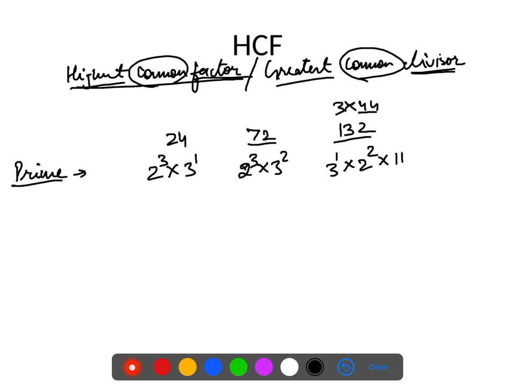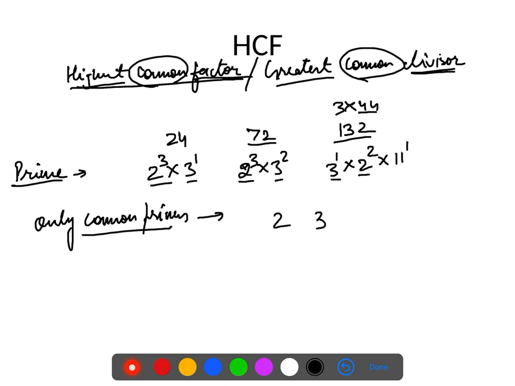So we have broken the original numbers down into prime factors. Now take only the common primes, only those prime numbers which are common in all the numbers. So 2 and 3 are available in all the original numbers.